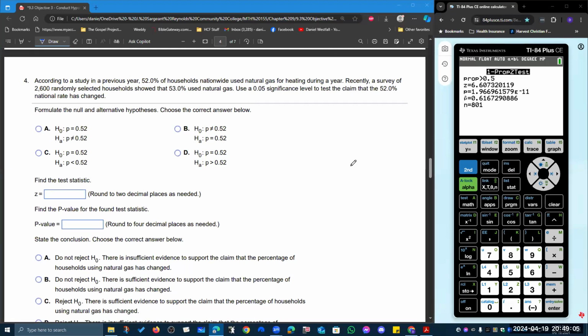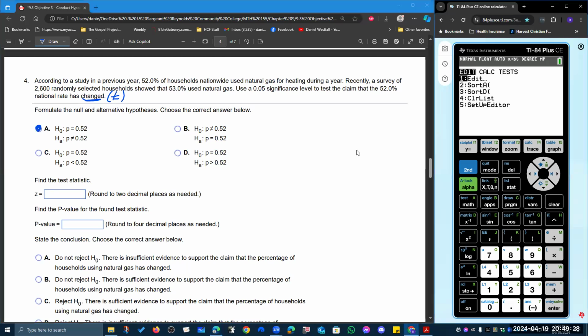It would not be wrong to, because you know that it's higher than what it was before, to test it to see if it's gone up, but when they say it's changed, they want you to use a not equal to situation. So equal to, not equal to.